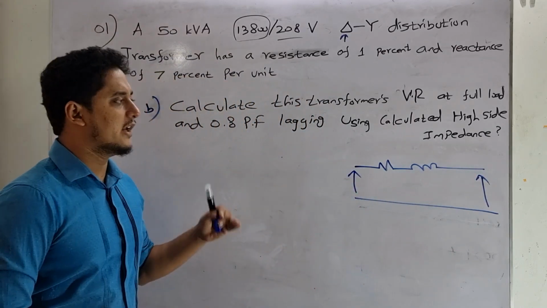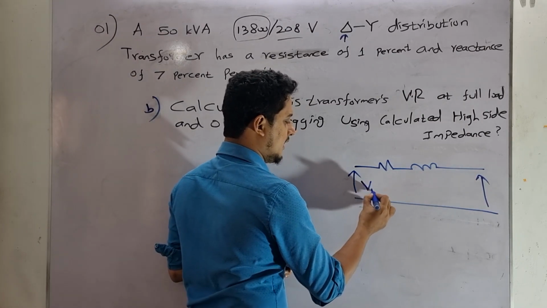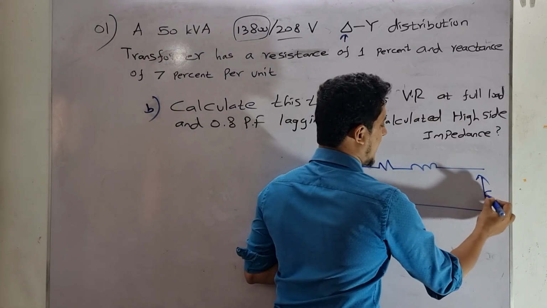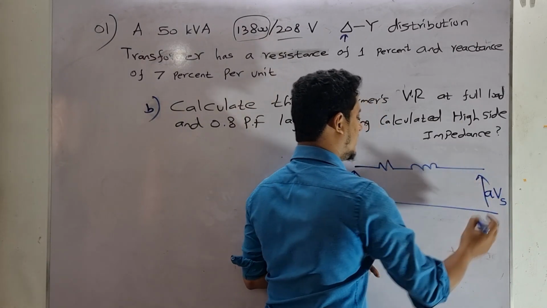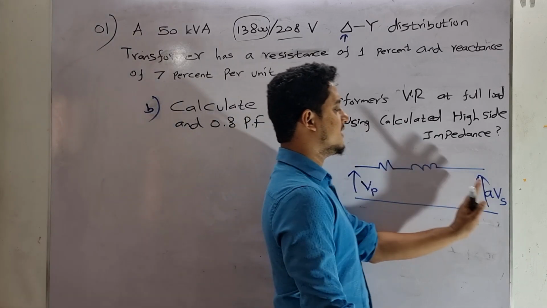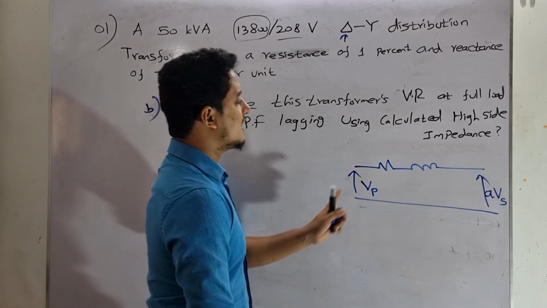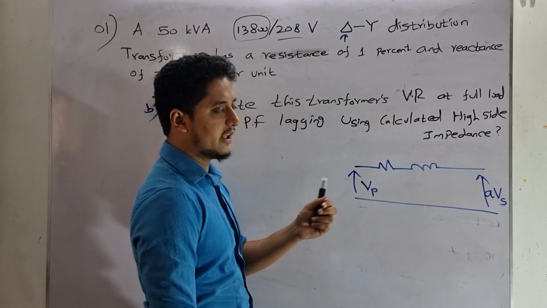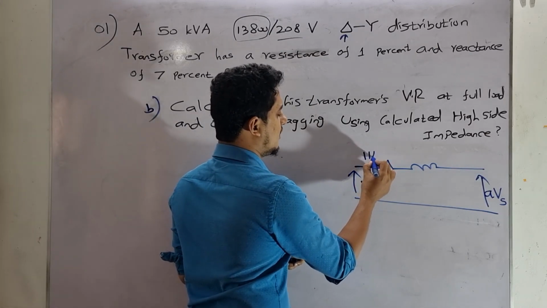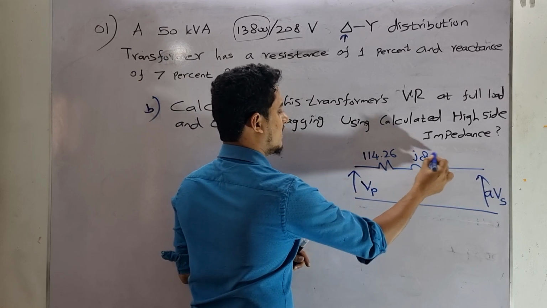When we consider the high voltage side equivalent circuit, this is Vp, and the other side is A times Vs, since we referred to the high voltage side. At the same time, the impedance value we already calculated, 114.26 plus j800.